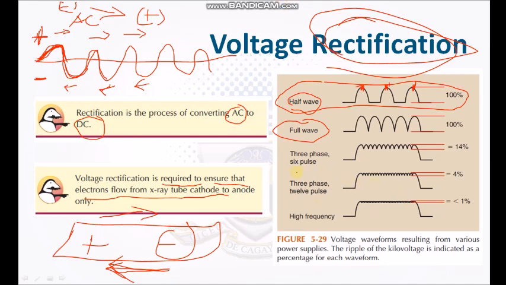Okay, so for full-wave rectification, in half-wave the negative cycle is useless. For full-wave rectification, instead of having the sine wave swing negatively, the negative cycle will be allowed, or controlled, to swing positively.